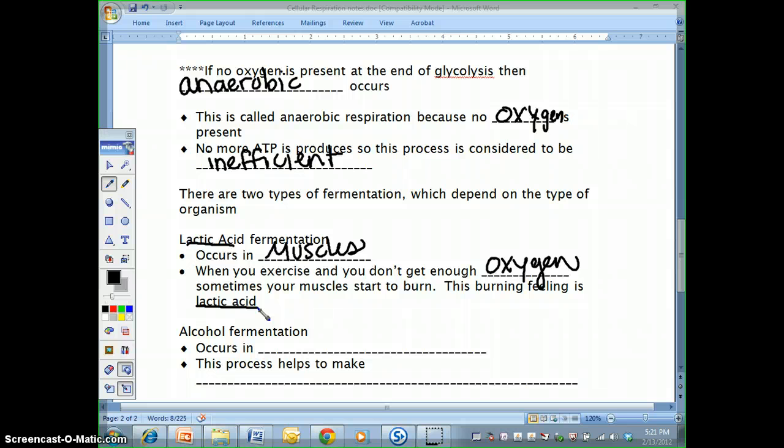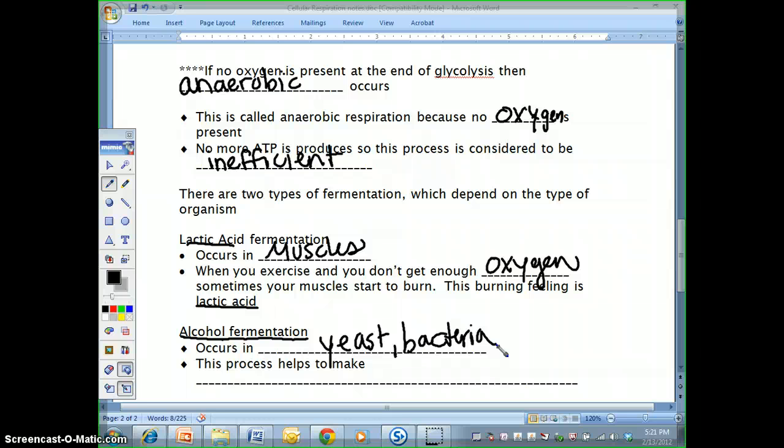Other living things that try to break down glucose without oxygen, instead of making lactic acid, make alcohol. So that's alcohol fermentation, if you ever hear about fermenting things. This happens in things like yeast and bacteria, certainly anything without a mitochondria. They're, again, trying to break down the glucose to get energy. They're not trying to make alcohol.